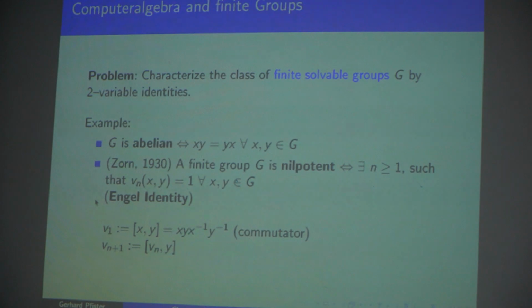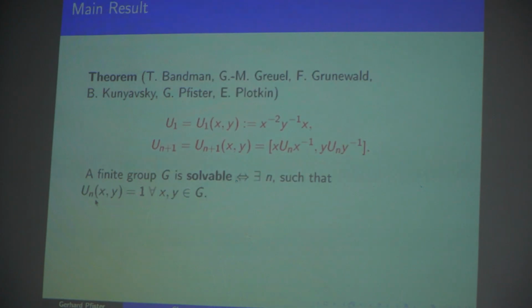So the result is almost 100 years old, and it gives the characterization for nilpotent groups. What we wanted to do is a similar characterization for solvable groups. And we proved the following theorem. Now our identity is a little bit more complicated.